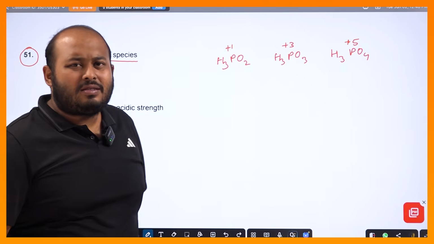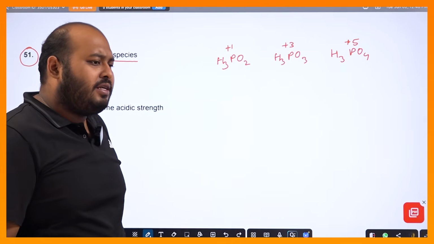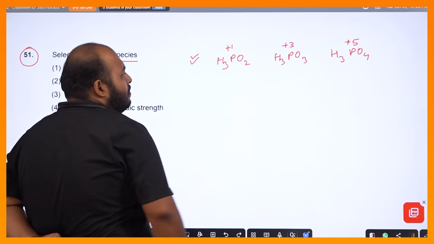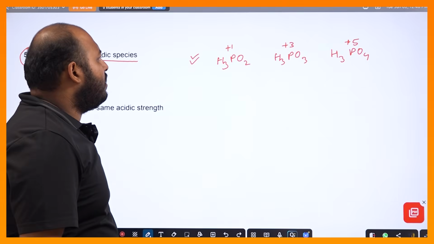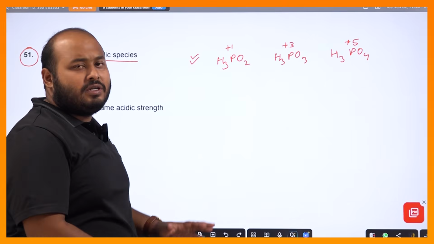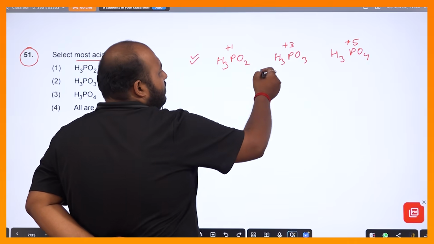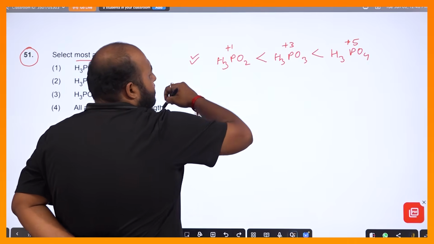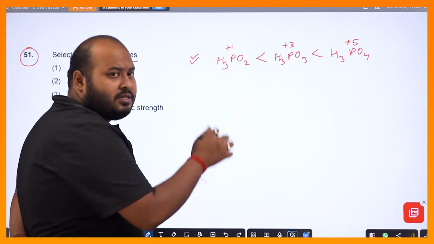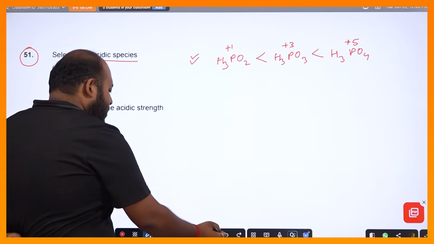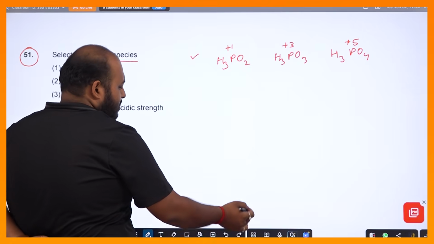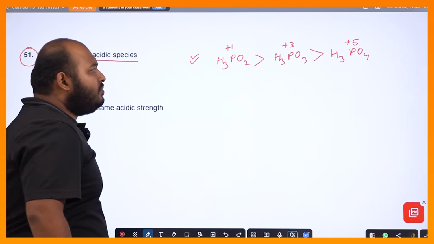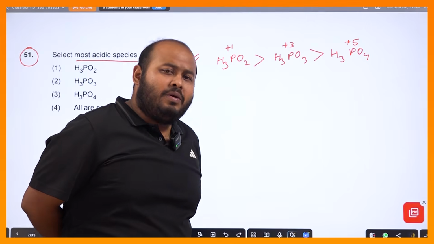But this is a special case where this rule does not hold, and the acidity order is just the opposite. If you go along with the trend, the expected acidity order will be this, but this is not the case. Remember that the acidity is just the reverse. So try to remember this question.